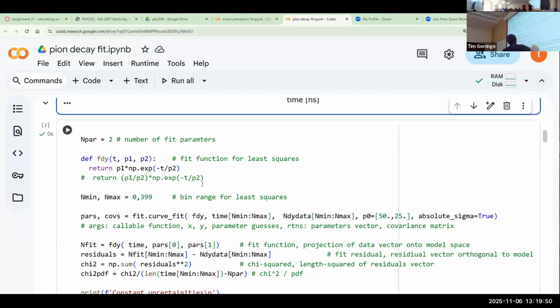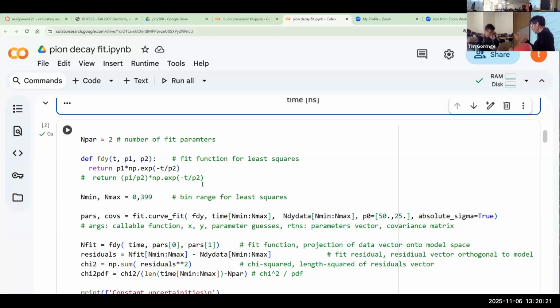Before I do the curve fits, just a few quantities I introduce here. We need to define a model. So I've got to define a model that I'm going to fit. It's just an exponential decay, and it's defined by this user function here. The first argument is the independent variable, so it's the time.